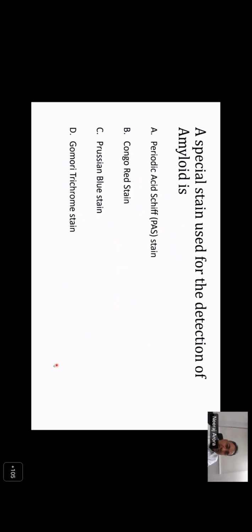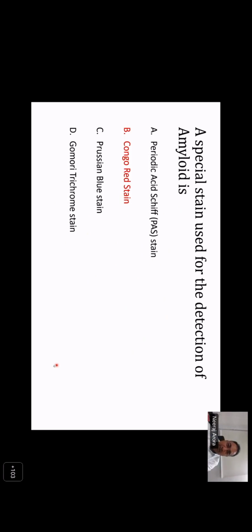So Neeraj can continue. Yeah, question 5. Next slide, please. So special stain for the detection of amyloid is Congo red. Any other stains that you are aware of which can be used for characterization of amyloid?